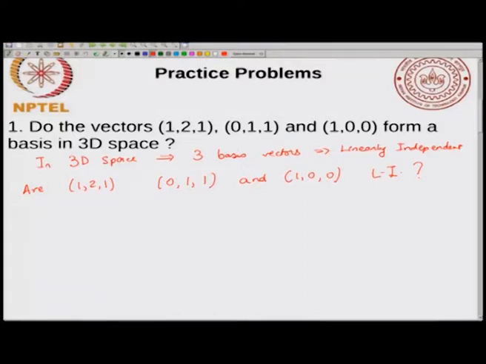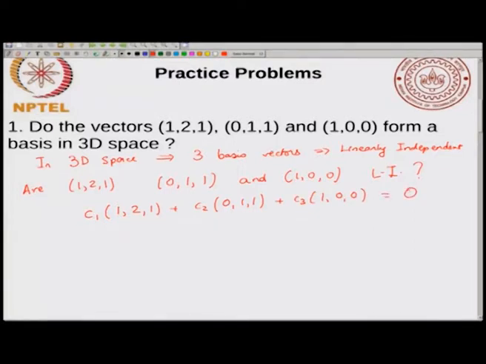So, you will say C1 times (1, 2, 1) plus C2 times (0, 1, 1) plus C3 times (1, 0, 0) equal to 0.